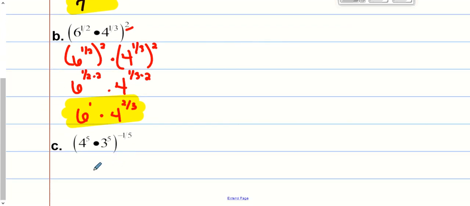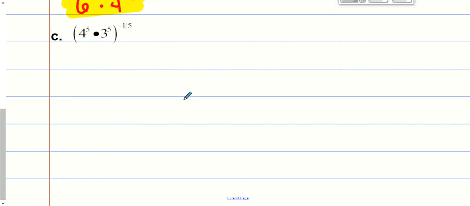Now let's look at another one. We've got 4 to the 5th times 3 to the 5th, all to the negative 1/5. So we're going to distribute this power to each piece. Let's not do that just quite yet.